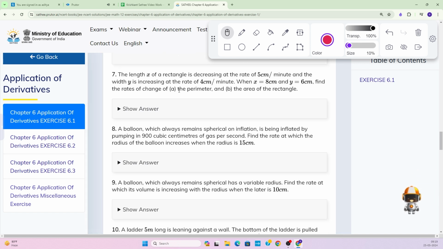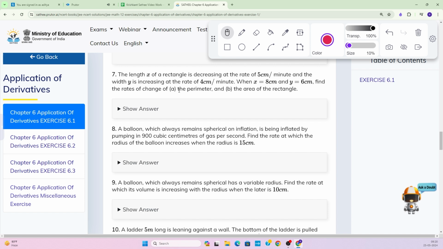The length x of a rectangle is decreasing at the rate of 5 centimeter per minute. This means per minute the length of the rectangle is decreasing by 5 centimeters, and per minute the width of the rectangle is increasing by 4 centimeters.